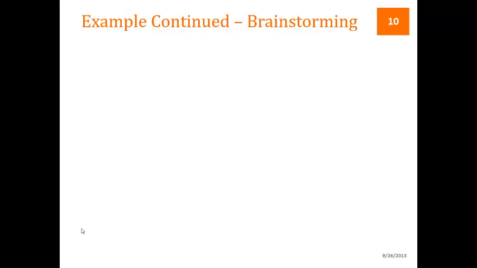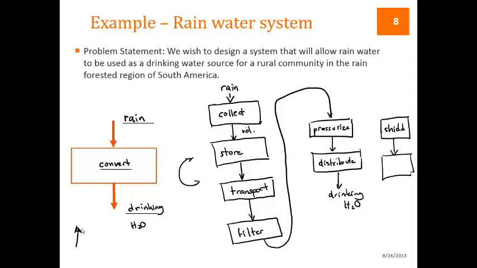So if we wanted to continue our brainstorming, we'll just pick one. We have collect and we have store, for example. So we start with our functional analysis, and we've drawn this, so this is just replicated from the previous page, and we had store here and collect here.